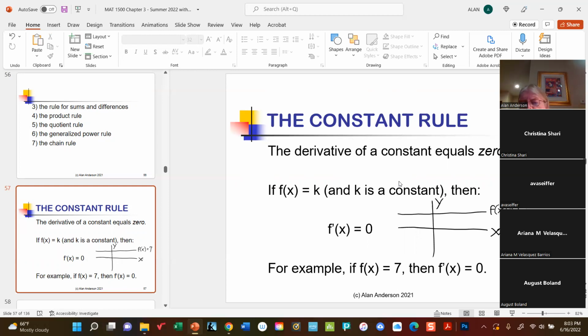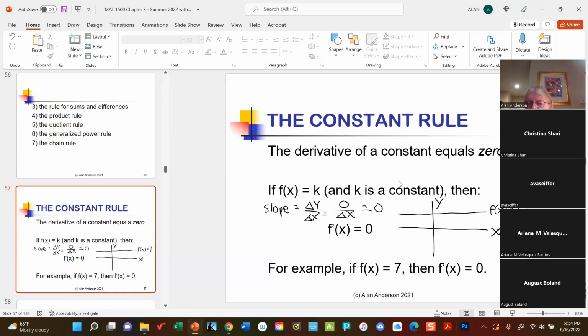Let's say a constant can be expressed as a horizontal line. If y is equal to 7, or f of x is 7 and it never changes, this is what the graph looks like. And you can see the slope of this thing, which is delta y over delta x. The problem here is that delta y is always 0.